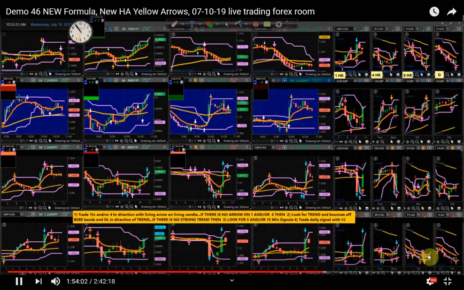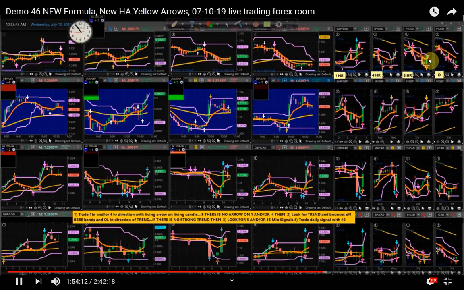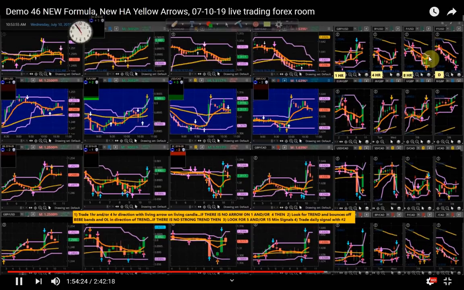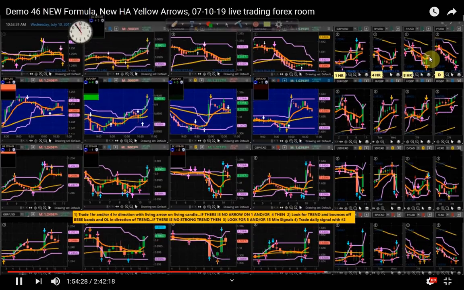Anyway, effectively you've come down to here. Tomorrow I'm going to be biased up off this orange line, if that's still in play. If this has come back to the orange line, when that candle's closed, then I might think of doing a trade down based on the strength of the trend.